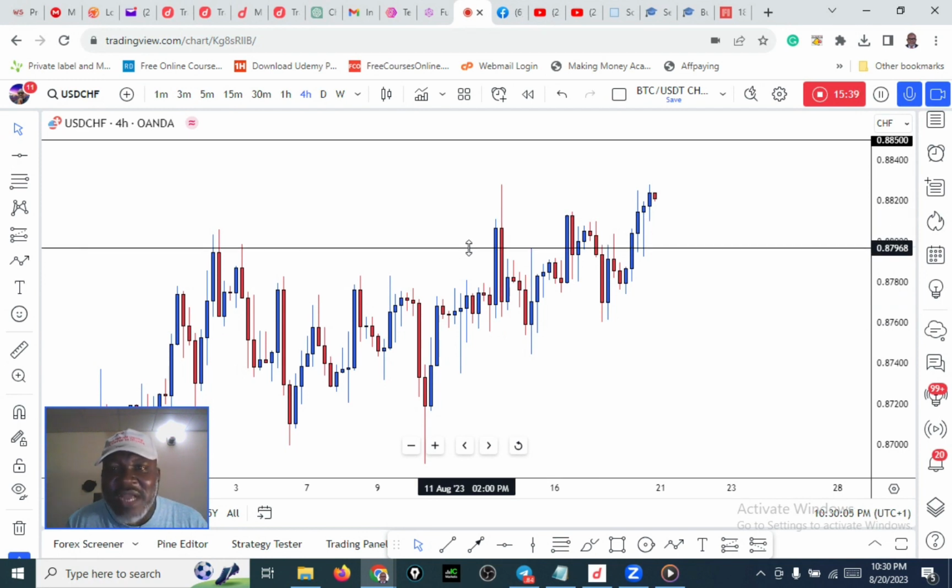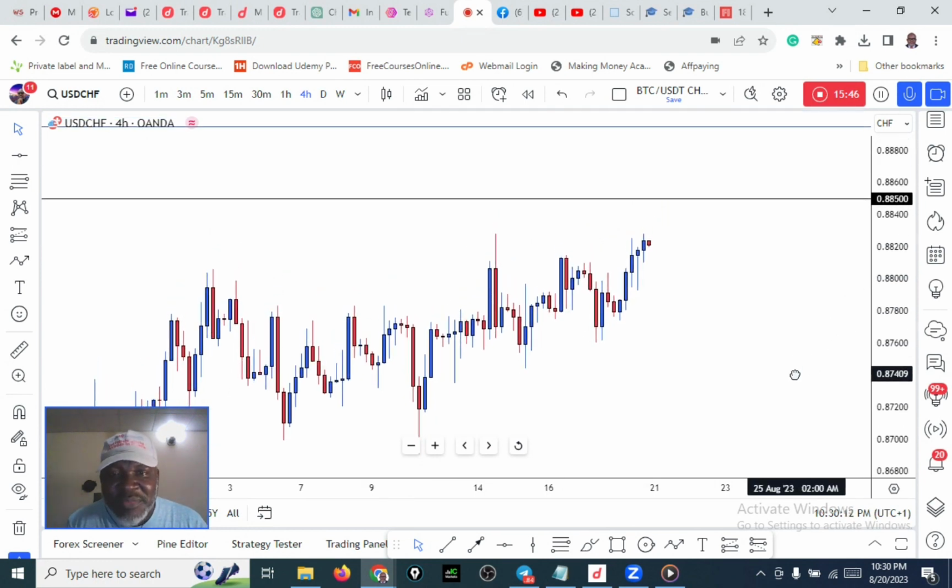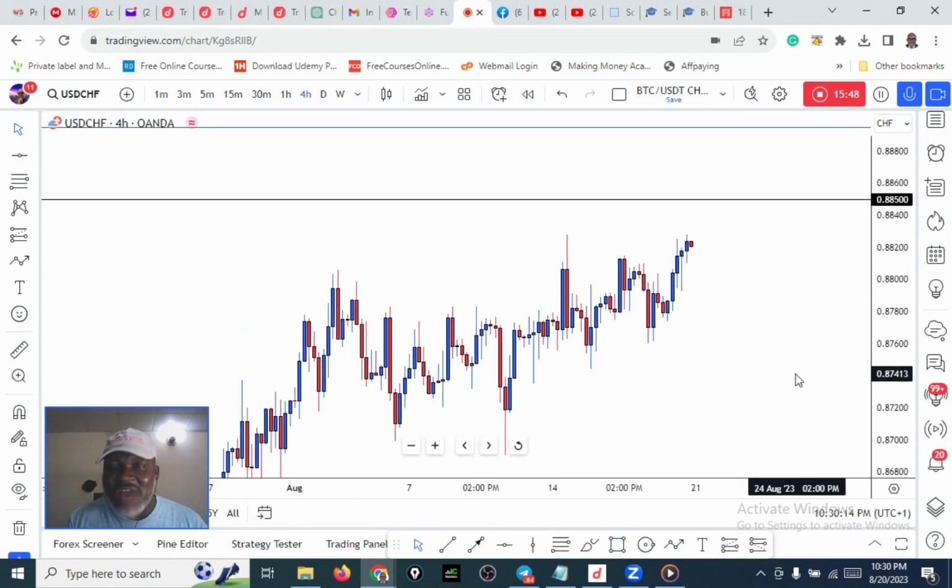Guys, I only want to work with these two levels, the weekly and the daily level. So what are we trying to do here?